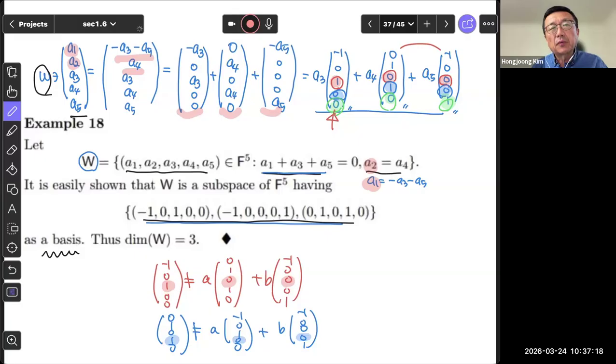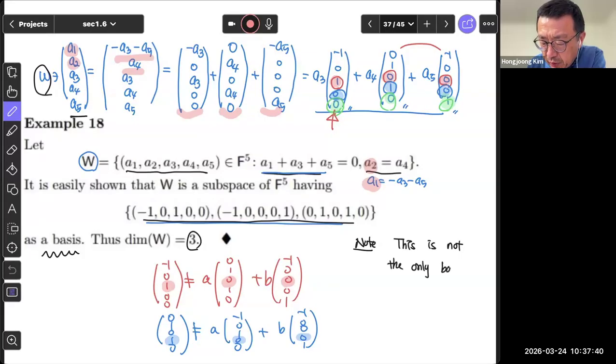So the dimension of W, which counts the number of vectors in a basis, will be 3. Of course, note that this is not the only basis. You have infinitely many different possible bases. Okay? But this is just one example.